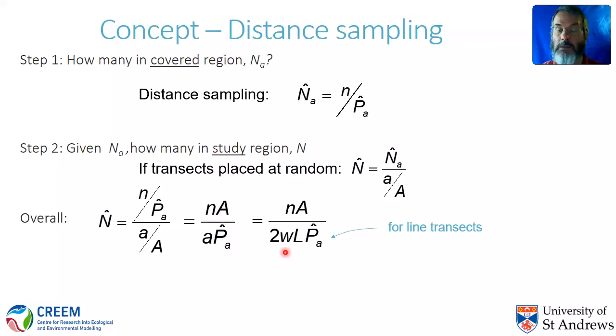For the line transects, which is what you'll be doing, this little a, the size of the area that you visited, is equal to the total length of the transects that you visited multiplied by the distance on either side of the transect that you observed animals, and multiplying by 2 to take into account the two sides of the transect you survey. So we now come to this mystery piece of A. It's something that we have to estimate. How do we do it?